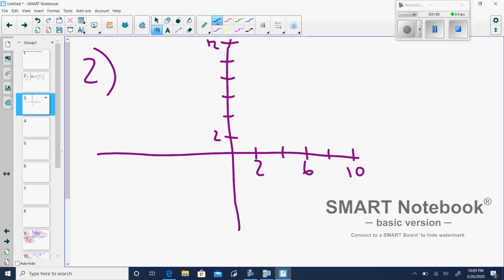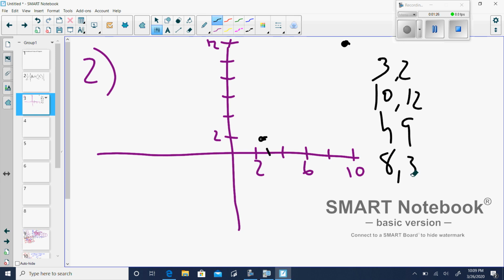Well, we have 3, 2; 10, 12; 1, 9; and 8, 3.